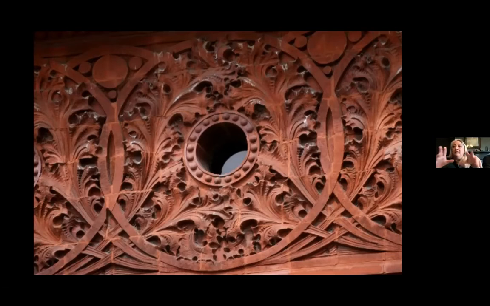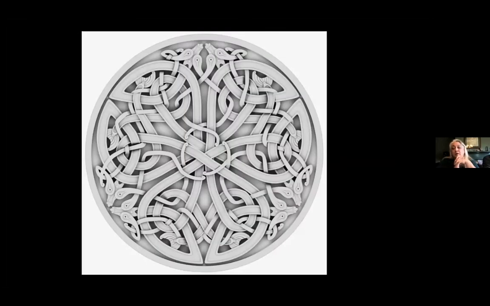So the ornament here, remember where Sullivan is coming from. This is an example of 3D Celtic art. So this is a typical patterning that you see at that time.